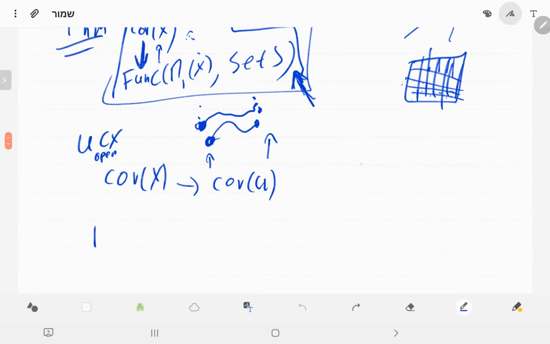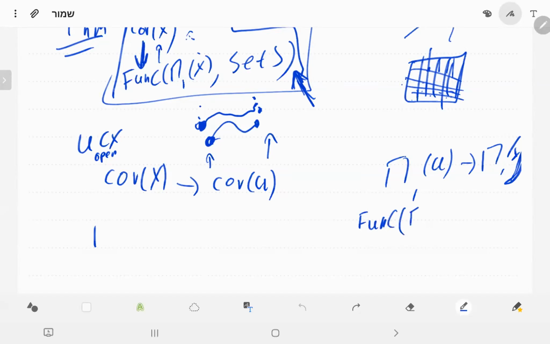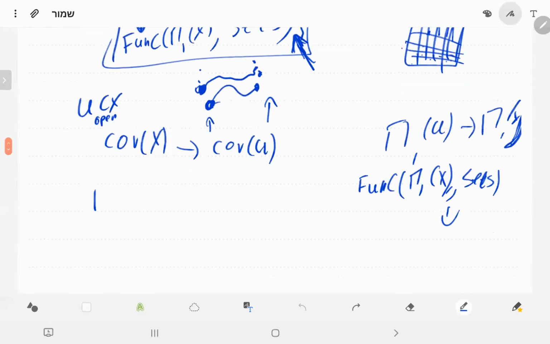And I have a functor from pi1 of U to pi1 of X, just by sending each point of U to a point of X. So I also have a functor in the other direction, restriction, from functors from pi1 of X to sets, to functors from pi1 of U to sets.